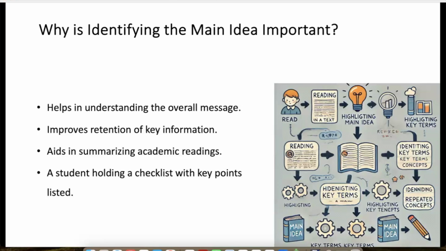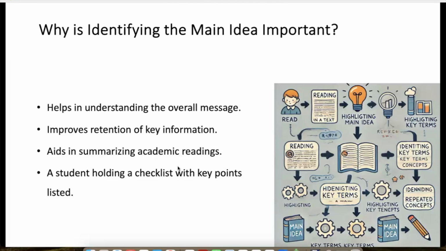Why? Because if you highlight these key ideas, it is easier for you to retain the information. Retain means keep the information for a longer period of time. And it really helps you with summarizing the academic readings.